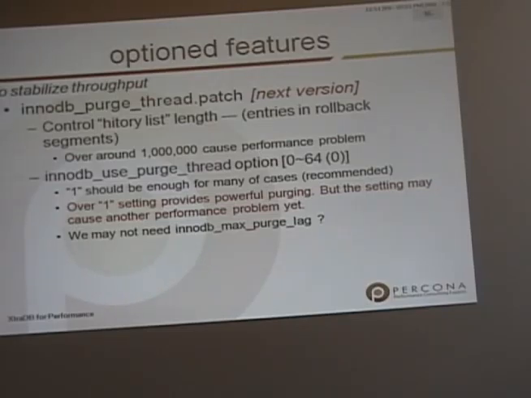From the next version, another thing, history length must be controlled. This is entries in rollback segments. The InnoDB purge thread option enables threads for only purging. One should be enough for many cases, but in extreme cases, one purge thread is not enough.